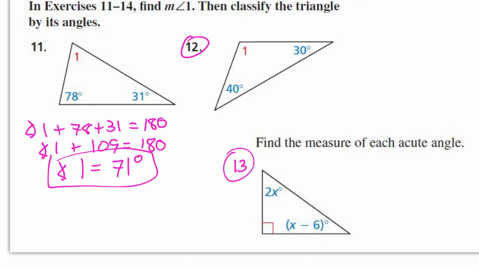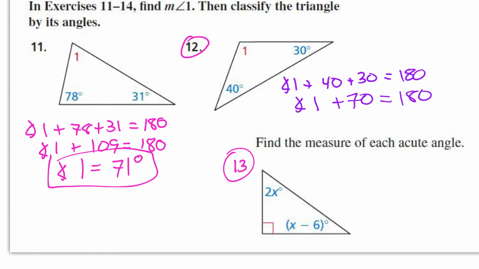So in number 12, angle 1 plus 40 plus 30 is equal to 180. So angle 1 plus 70 is equal to 180.